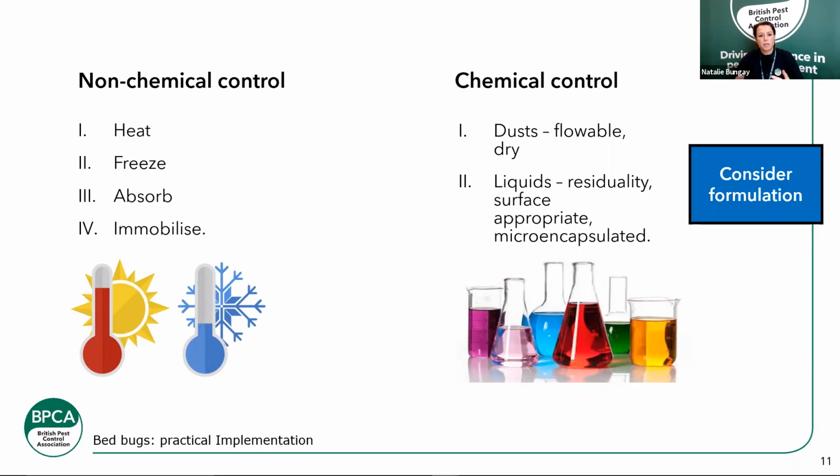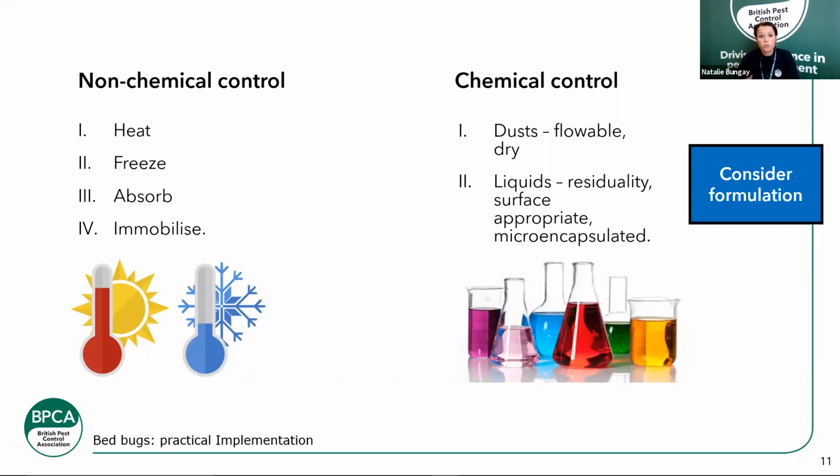So if you're heating, let's picture a typical front room or lounge with a sofa in it, those crevices right at the back of the sofa construction, or the cushions, when you're heating a room, they're going to be the areas that take a long time to get to that specified heat, you know, 56, 57, 58 degrees.